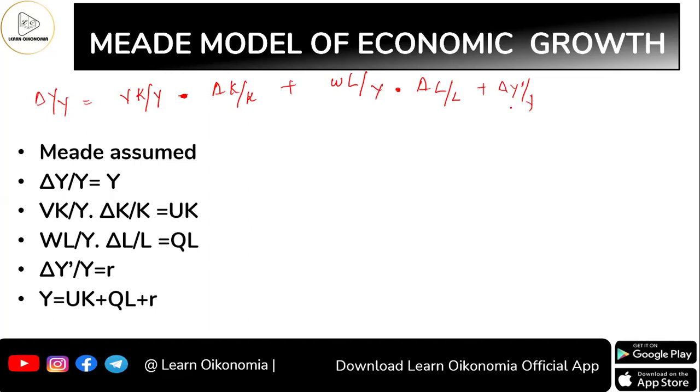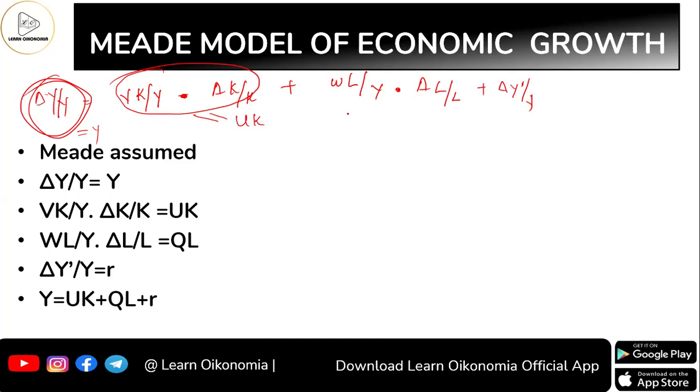Now, in this context, Meade was going for some assumptions. This delta Y divided by Y part, he considered it as equal to y. And Vk divided by Y times delta K divided by K, that is this part, he assumed as equal to Uk.